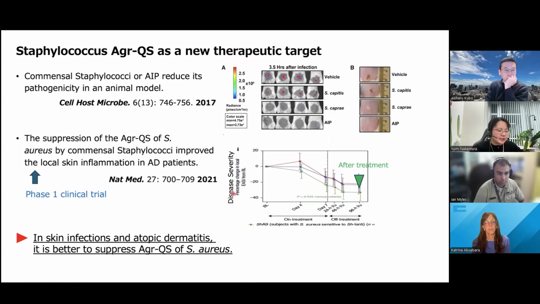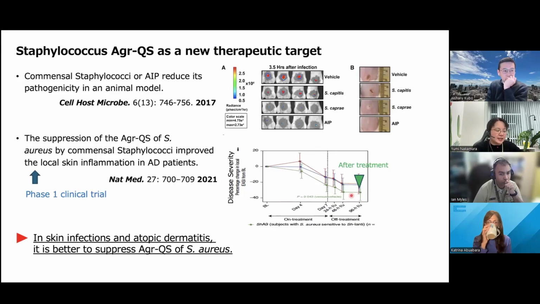The bottom study is a phase 1 clinical trial in which atopic dermatitis patients were treated by topical commensal Staphylococcus bacteria. You can see the suppression of AGR quorum sensing of Staph aureus by commensal staphylococci slightly improved the local skin inflammation in atopic dermatitis patients.